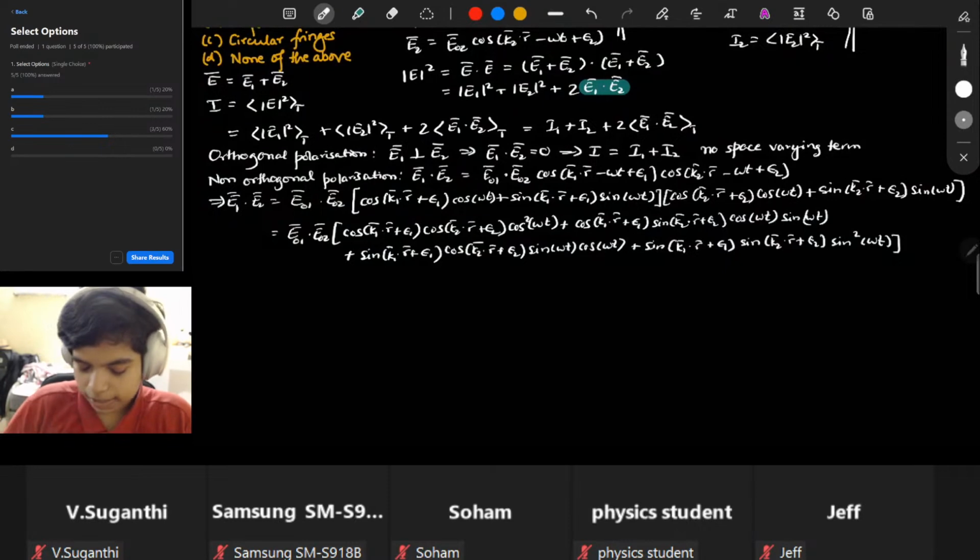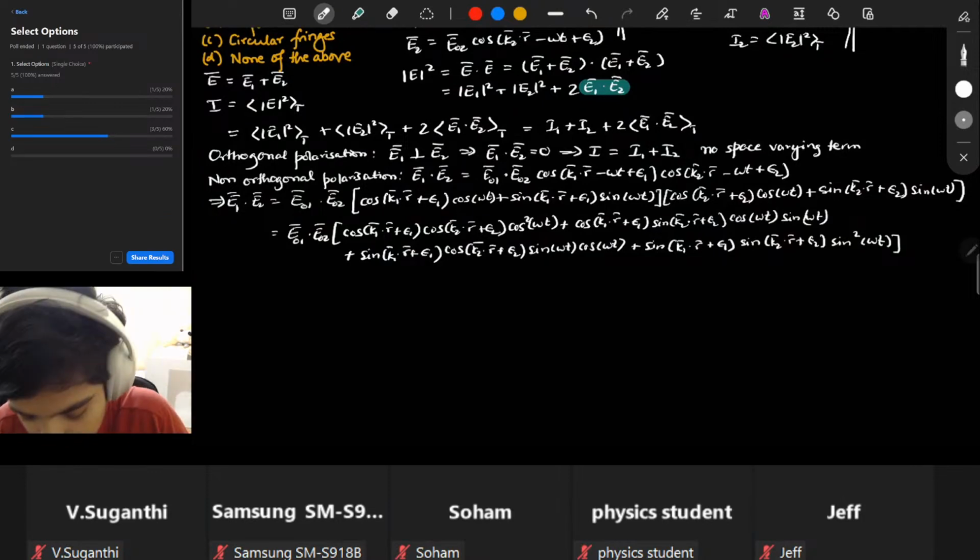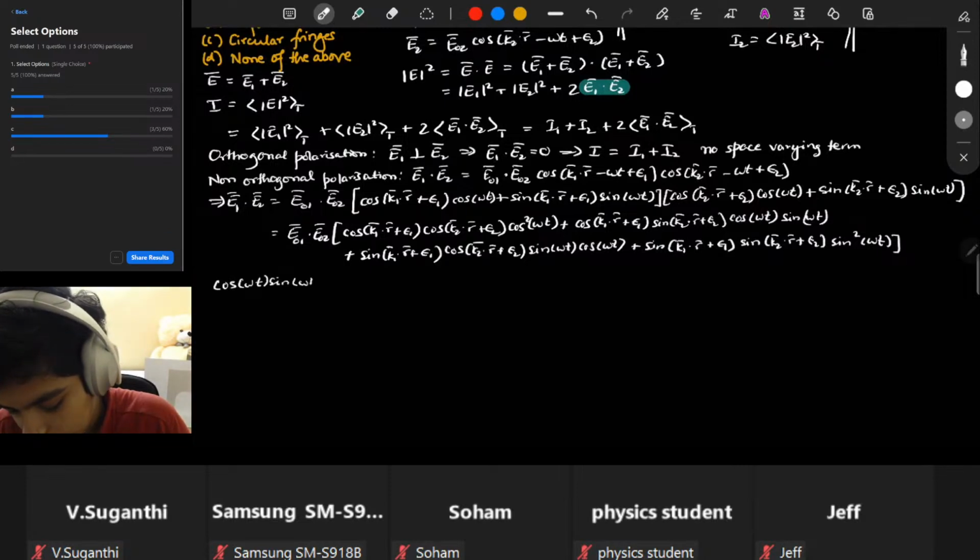Now, since the space part and time part are separate sinusoid functions, we can take the time average for the time part. Before that, we can use some more trigonometric identities. So cos omega t sine omega t is nothing but sine of 2 omega t divided by 2.